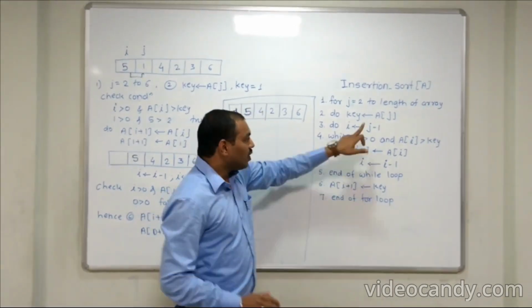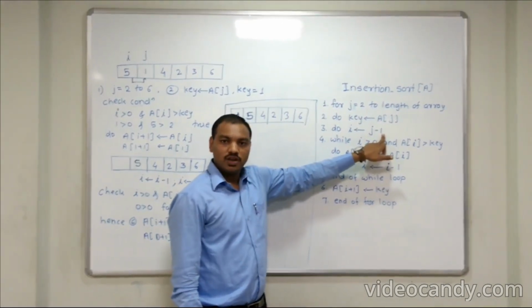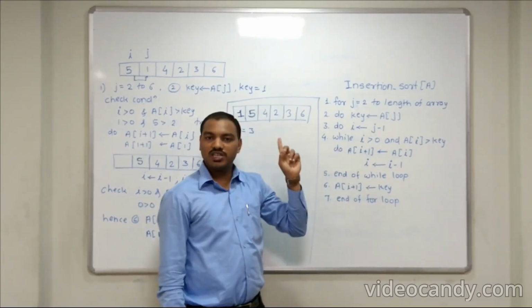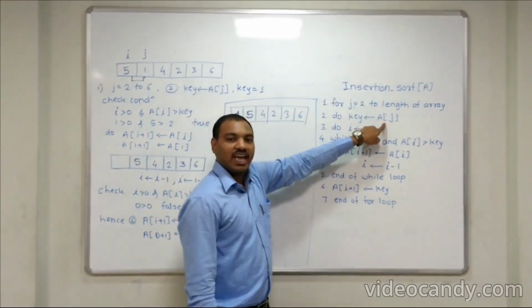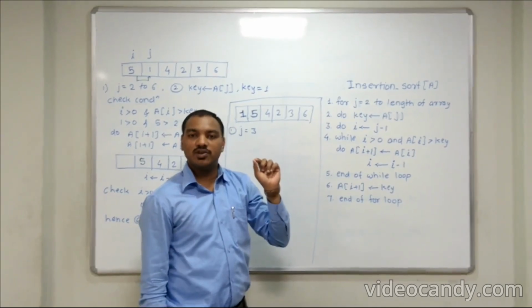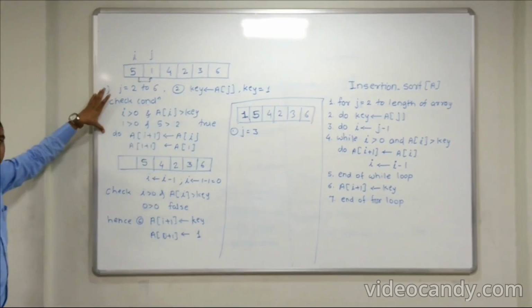That's why we have i as j minus 1. So j will point at the second position, and i will point at the first position. And we have to make a[j] the key, which we have to compare with that particular element. So we will see this arrangement here.